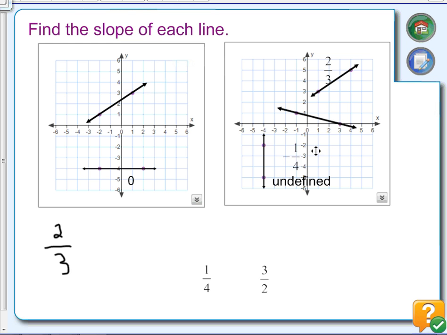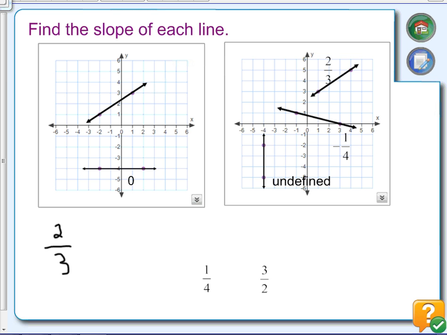So in this case, our slope for this line is going to be -1/4. You can use that to easily figure out your slope. You just have to count and make sure that you're remembering when is rise and when is run and when it's negative and when it's positive.